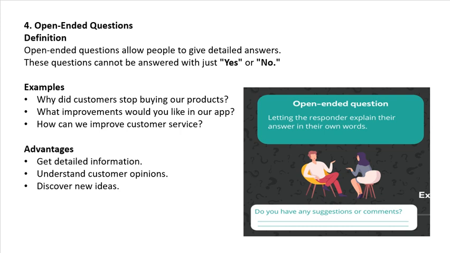The advantages are getting detailed information, understanding customers' opinions, and discovering new ideas. One question is, do you have any suggestions or comments, and the customer gives detailed answers in this part.